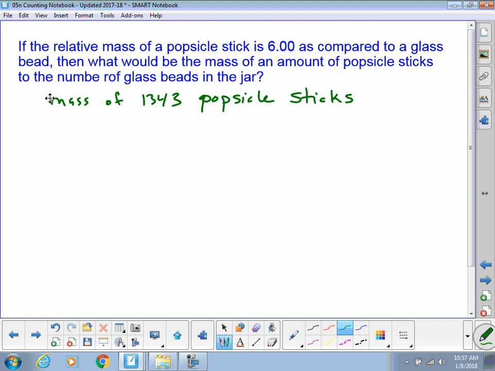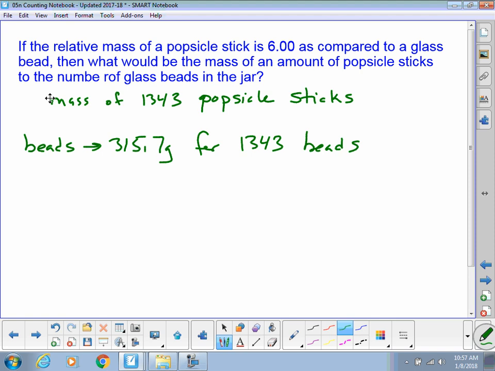Well, we know that for that many popsicle sticks and that many glass beads, when we had the beads, the mass of all of that was 315.7 grams for 1,343 beads.